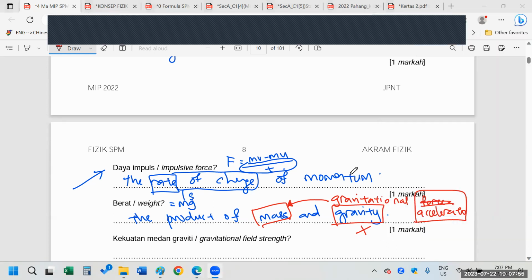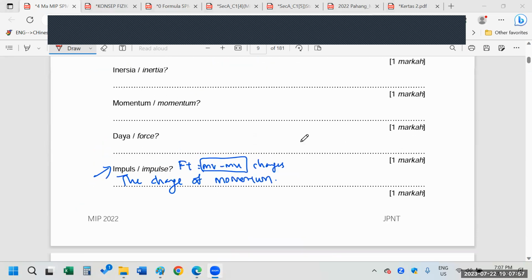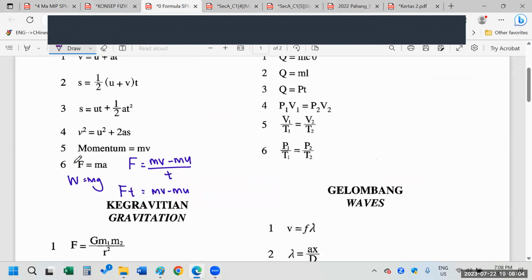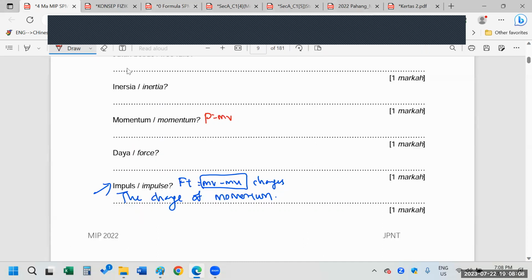So momentum is P equals mv. Momentum is mv. What is mv? mv is the product of mass and velocity.